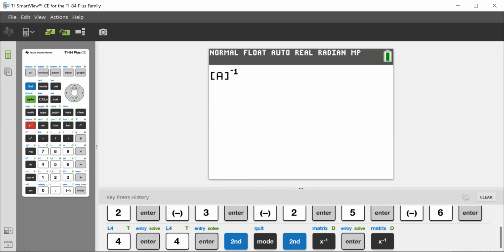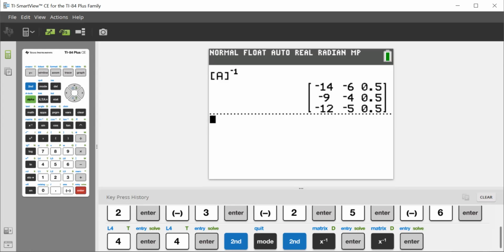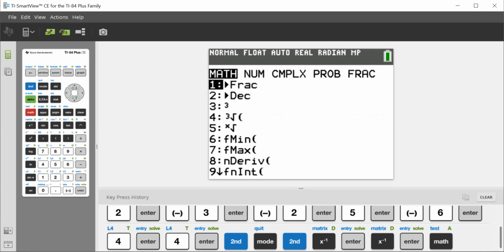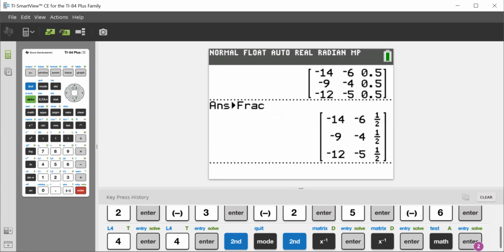And that's saying find the inverse of matrix A for me. And then enter. Okay, and then how do we change back to fractions if we need them? Math, frac, enter. There's our answer.